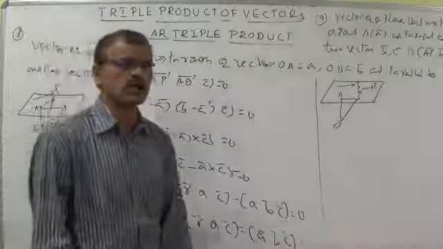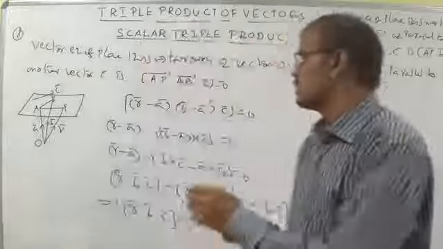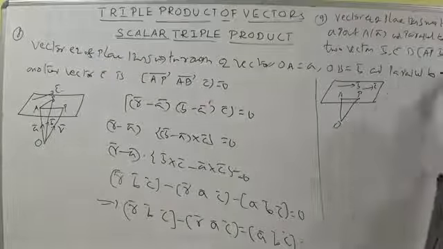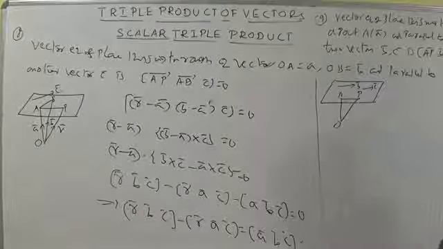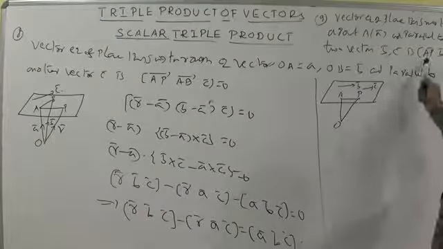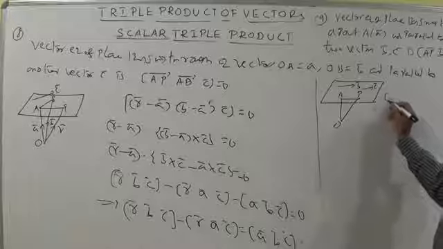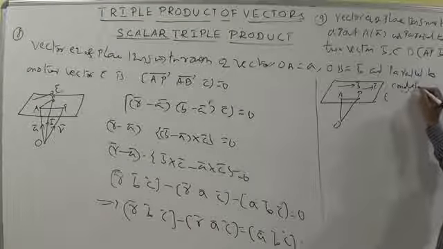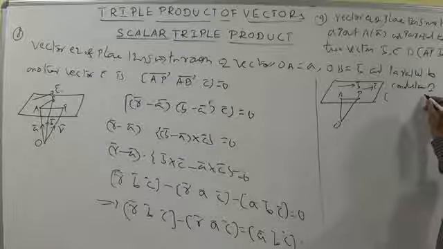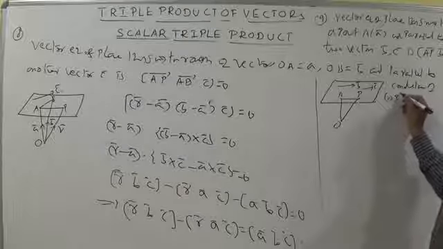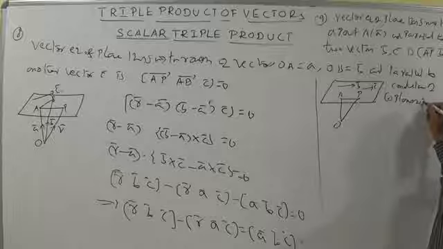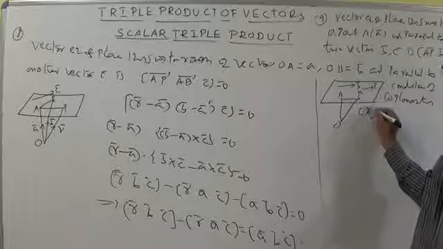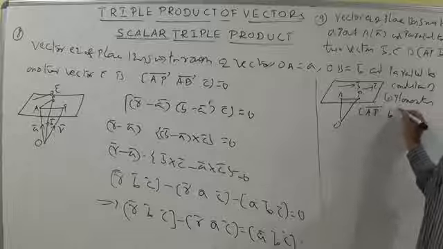So we can say that A, P, B, C are coplanar. That is why, whenever a coplanar condition is there, the condition of coplanarity we discussed as box AP BC. Once again, condition of coplanarity here: box AP BC equal to 0.